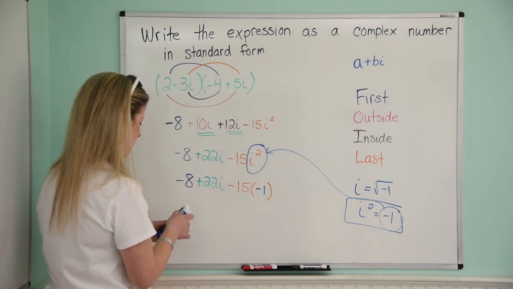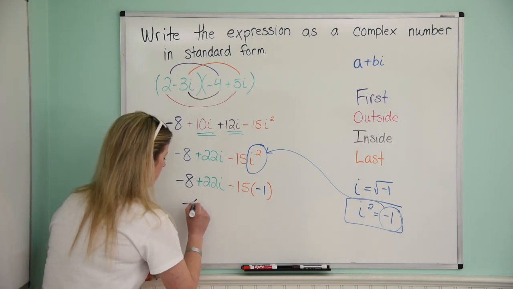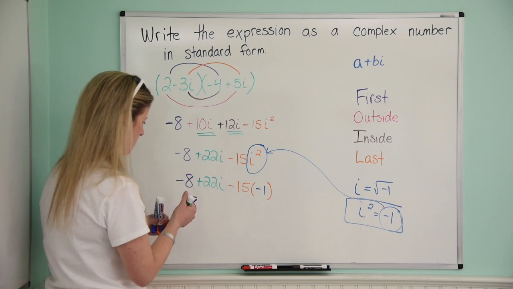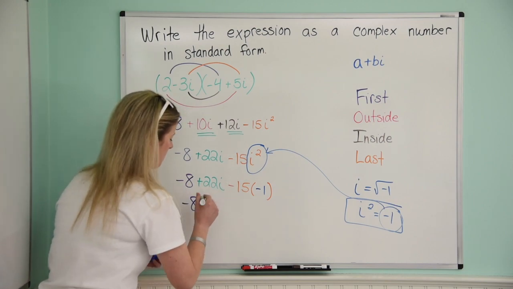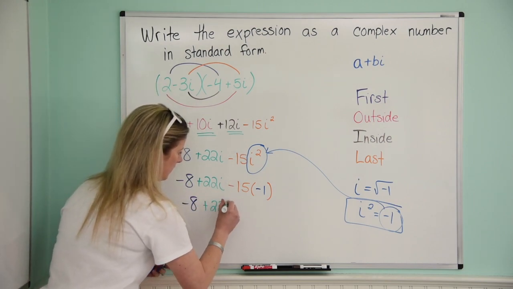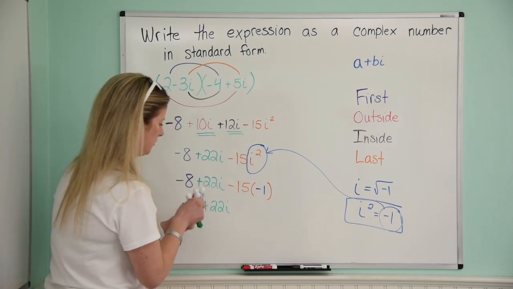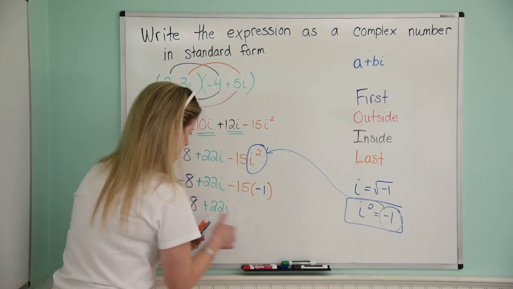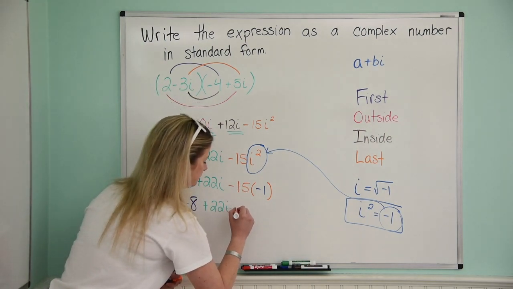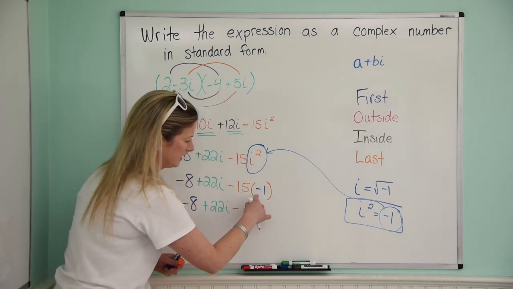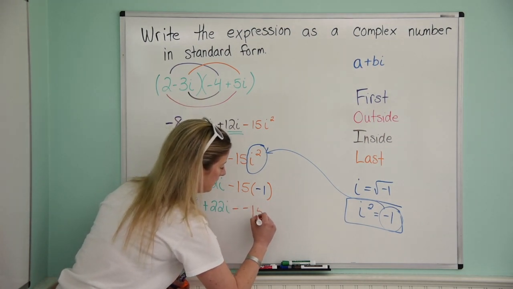So we've got still negative 8, plus 22i, and then minus, I'm going to put down the blue marker because I don't need it anymore. Minus, and then 15 times negative 1 is negative 15. Perfect.